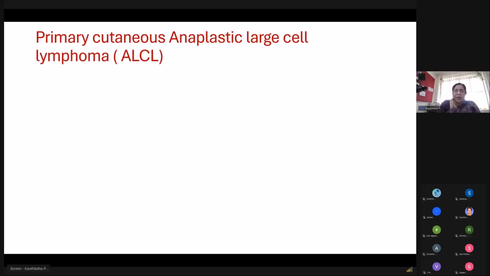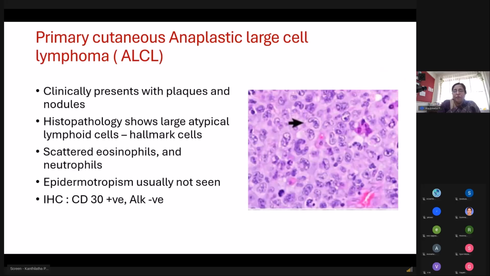The primary cutaneous anaplastic lymphoma, the other differential that we have to consider in this case, clinically could be because it shows plaques and nodules. Histopathology, what we see is a lot of large cells and the typical hallmark cells that you also see in nodal anaplastic lymphoma. And usually there are some admixed eosinophils and neutrophils, which we do not see in our case.